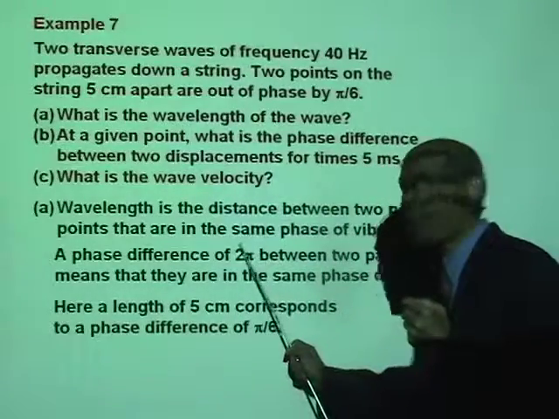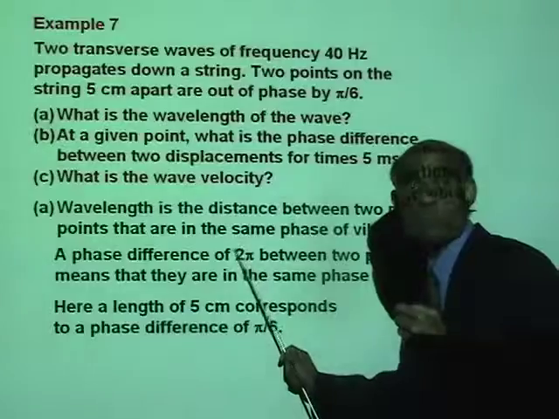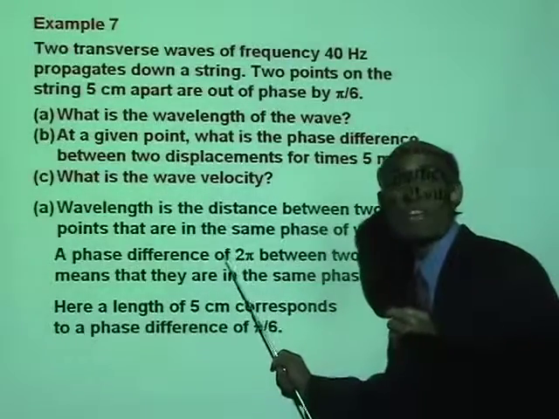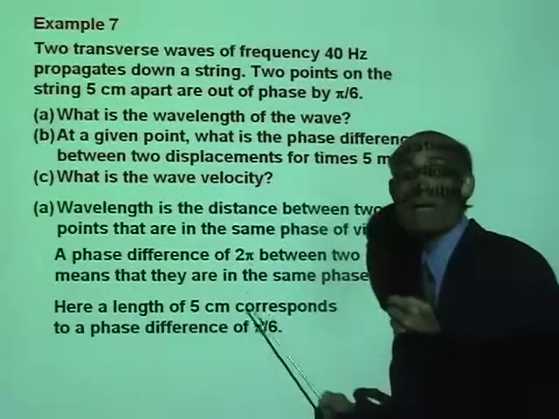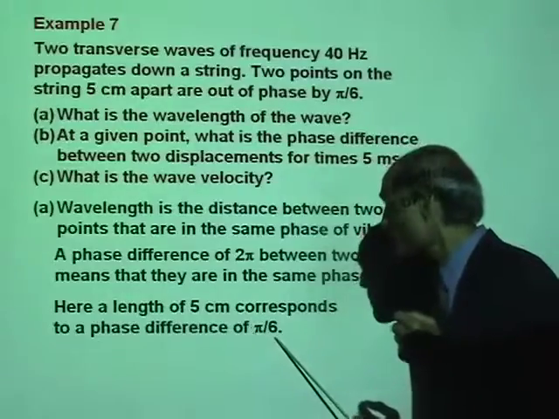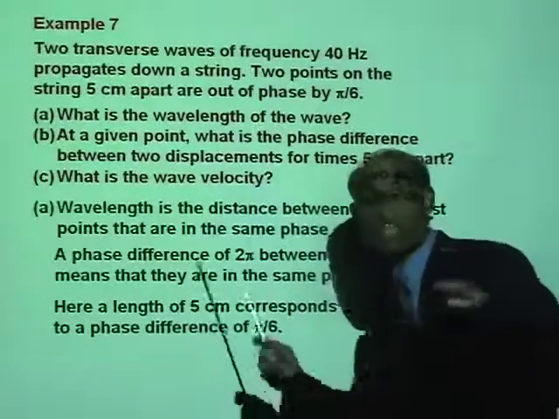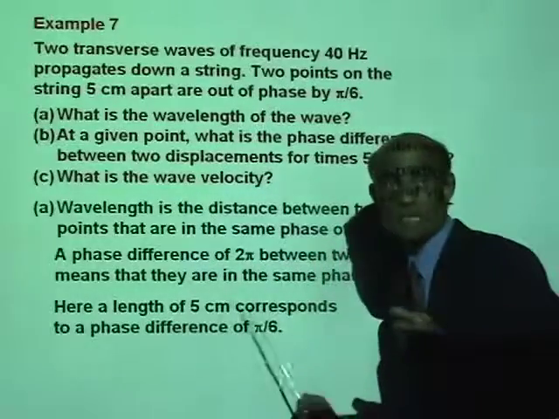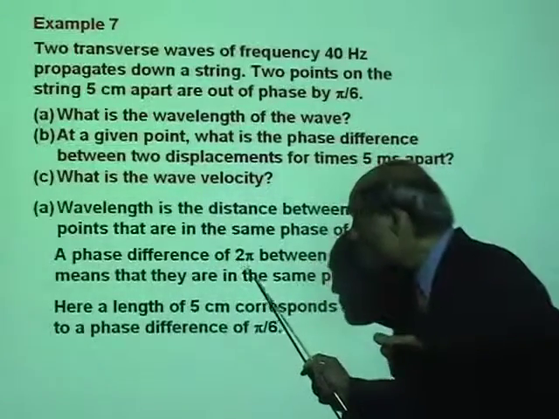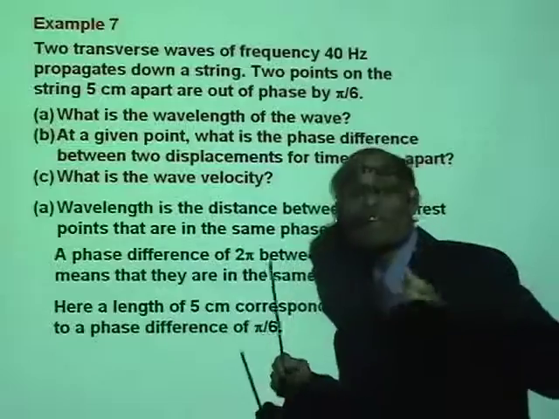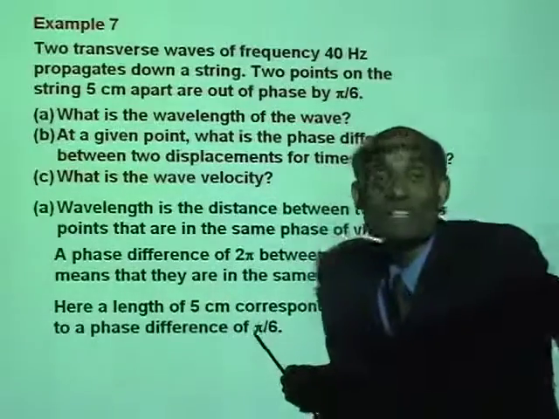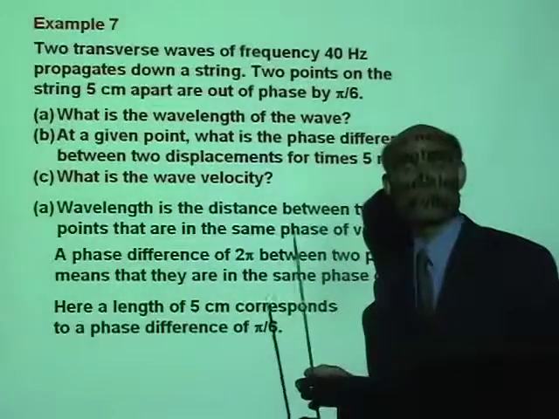We are looking for the distance between two particles that differ in phase by 2 pi. If a phase difference of pi by 6 corresponds to a distance of 5 centimeters, a phase difference of 2 pi will correspond to what distance? That is what we are after.